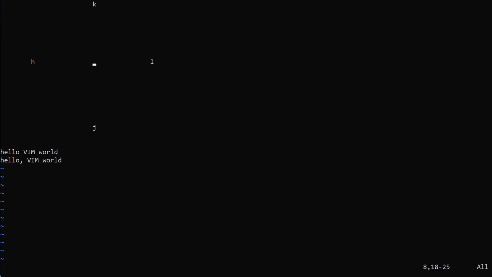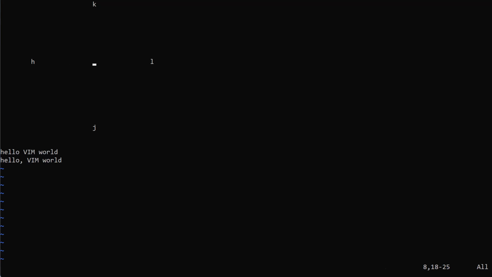So instead of typing H 16 times, I can type 1, 6, and H. Nice, it's here. I just need to combine a number with the movement key.